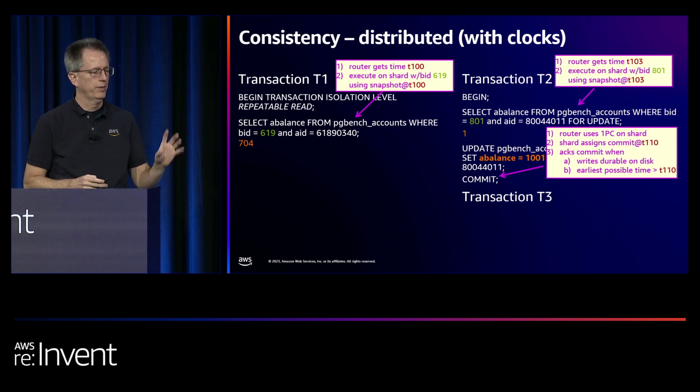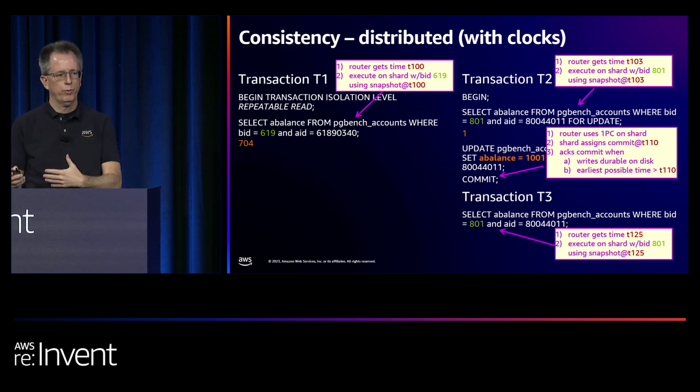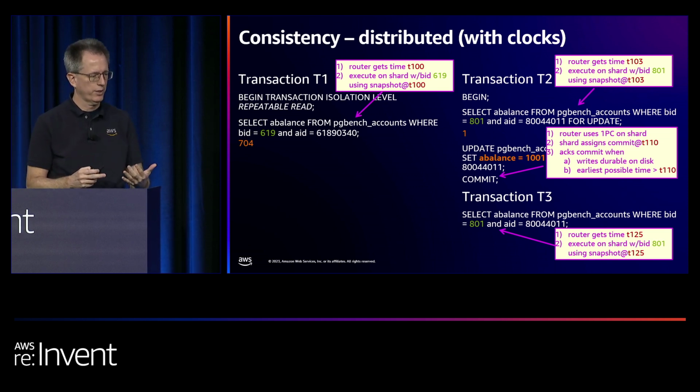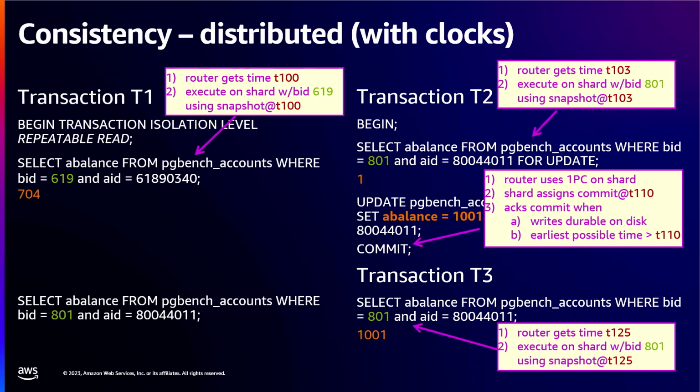So that commits. Let's say we do transaction 3 after that, right? And it's going to look at the same BID of 801, right? It's going to get assigned a time later, T125. And just like how Postgres works, because T125 is greater than T110, we're going to see the current value of 1001, right? But we'll go back to transaction T1, and it hasn't committed, right? So it's still in the same open transaction.